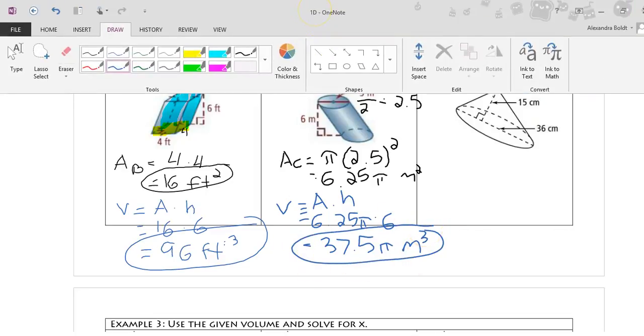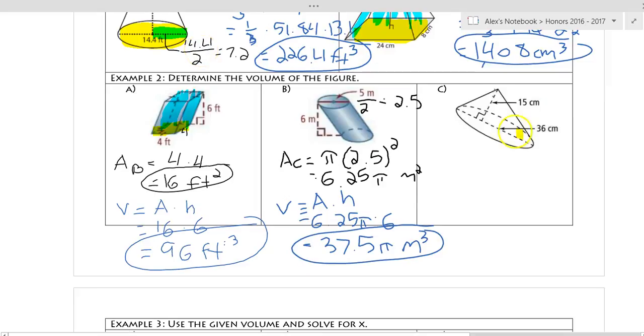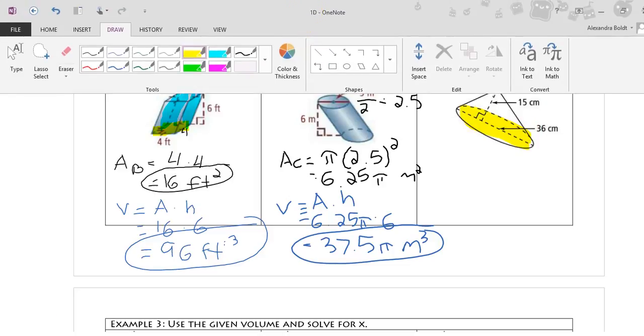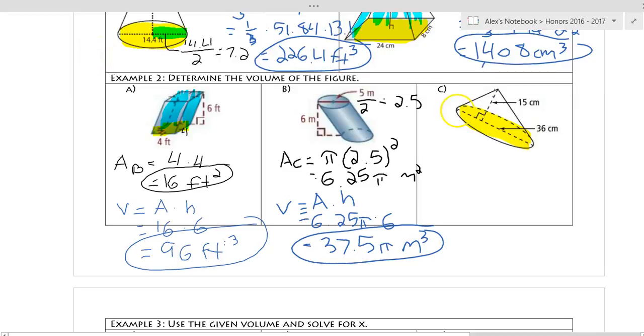Alright, and last but not least, C. Again, my base is a circle. This 36 is still, since it's the whole dotted line across, something I have to divide by 2. So 18 centimeters is actually my radius.